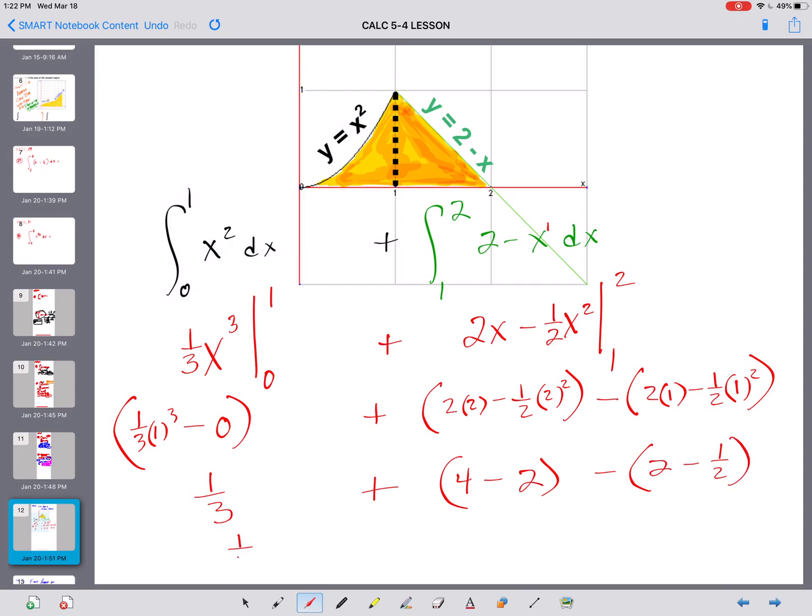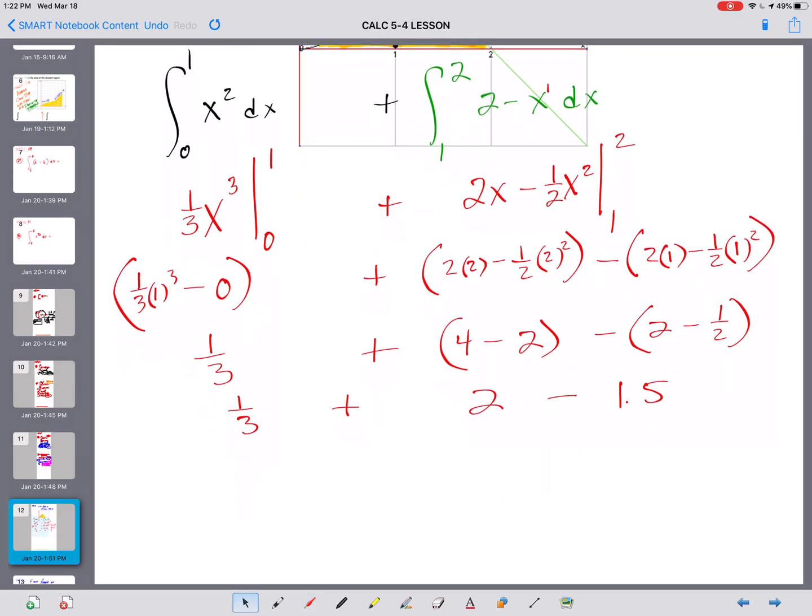So we've got 1/3 plus 2 minus 1.5. So here's what I got right now. Let's move it up. Yep. I've got 1/3 plus 2 minus 1.5, which is going to be 1/2.